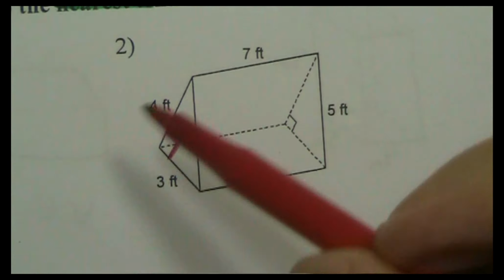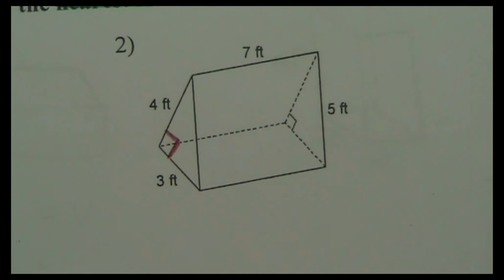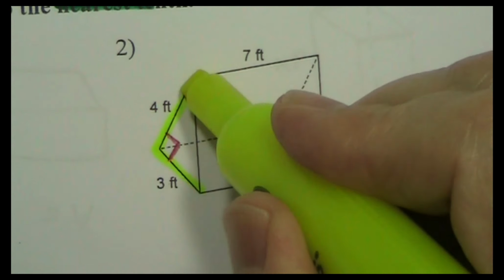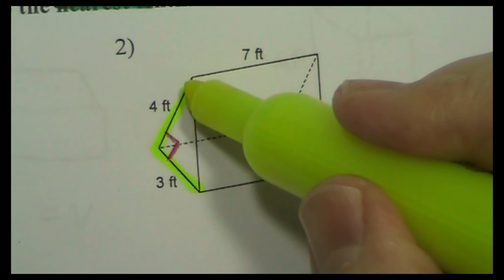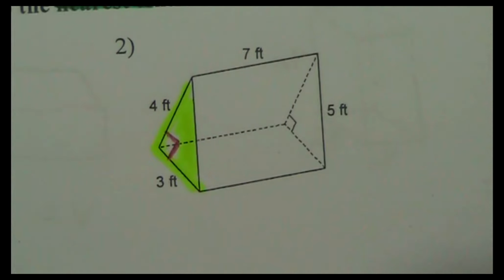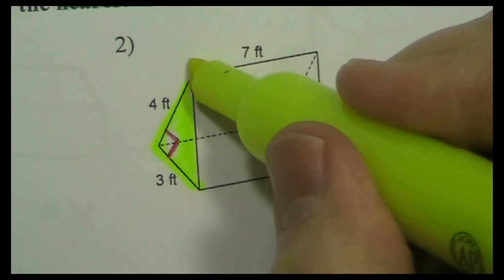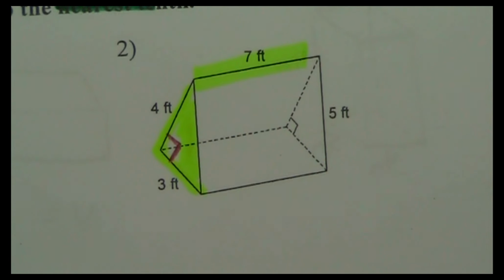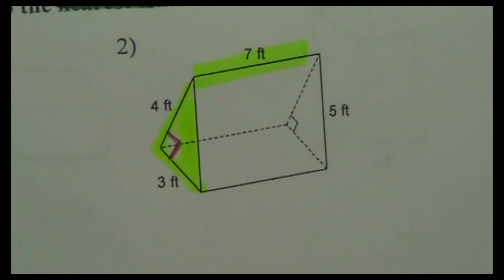And where that right angle is, that is your base and your height. So right here, this is your base and height. Those are the numbers you'll use for the area of the triangle. And then how long is it? It's not 5 long. It's 7 long. Okay, so keep that in mind as you're doing these.